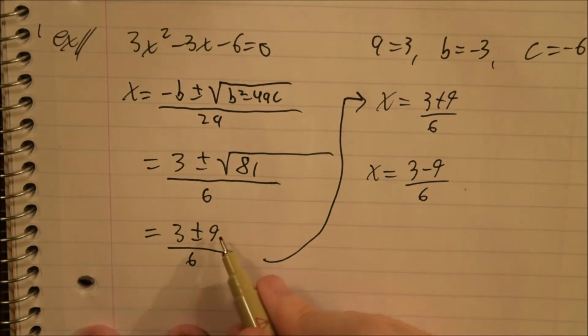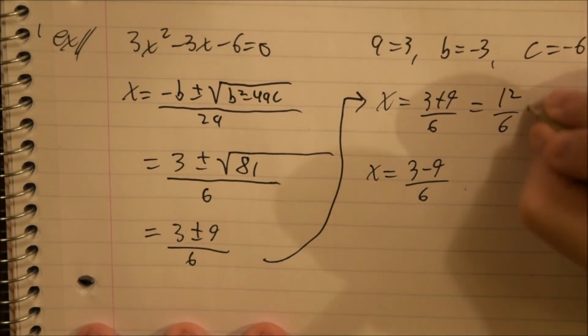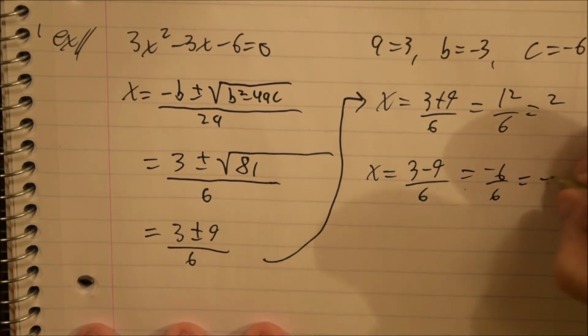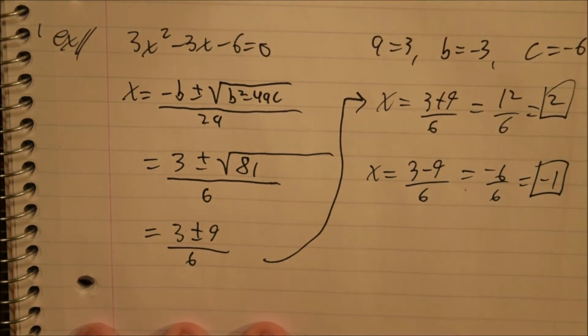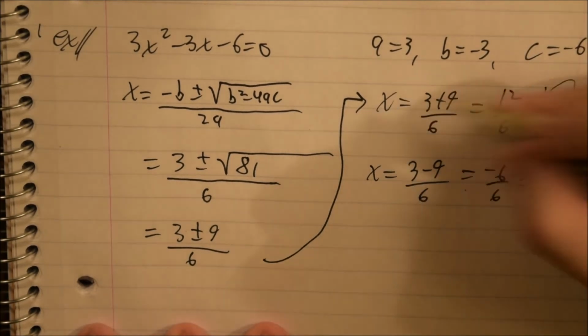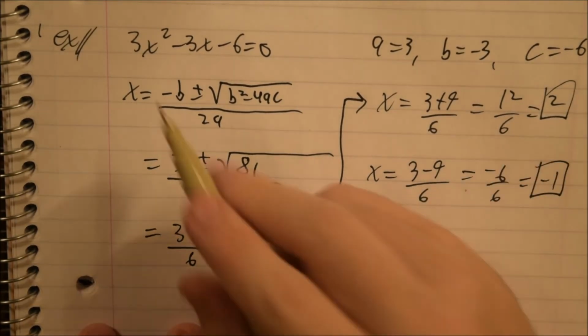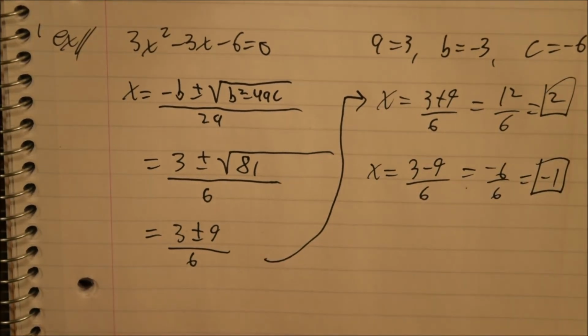So that gives me 12 over 6, which is 2, and this gives me negative 6 over 6, which is negative 1. These are my two solutions: x equals 2 and x equals negative 1. I can check that if I plug in a 2 here, I'd get 0, and if I plug in a negative 1 here, I would get 0 also.